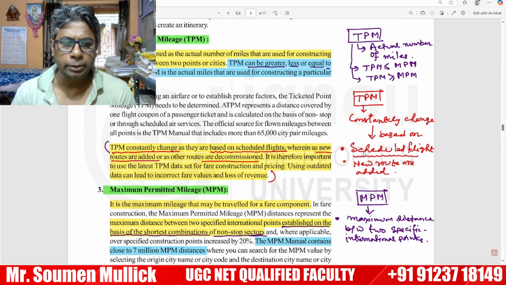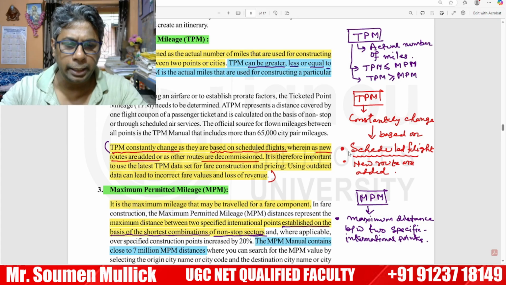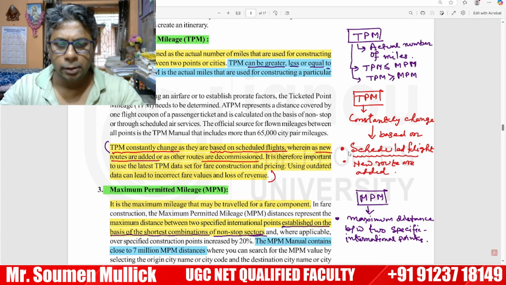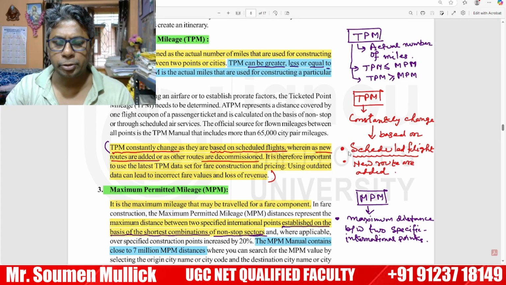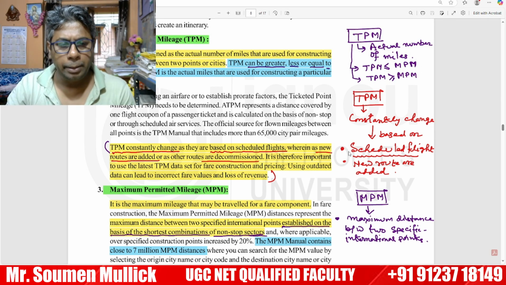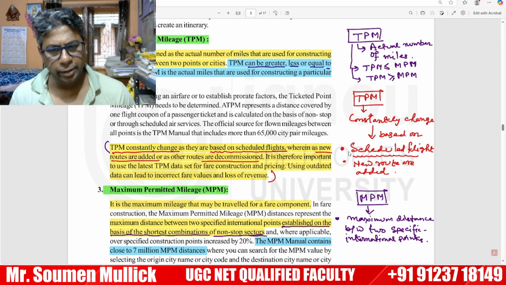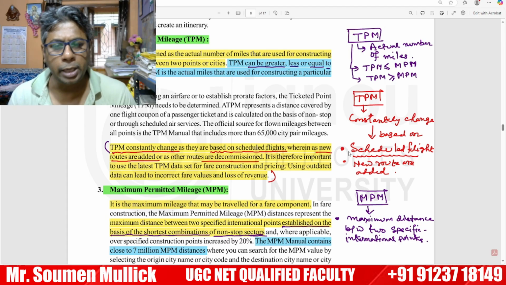It is therefore important to use the latest TPM data set for fare construction and pricing, updated from time to time.